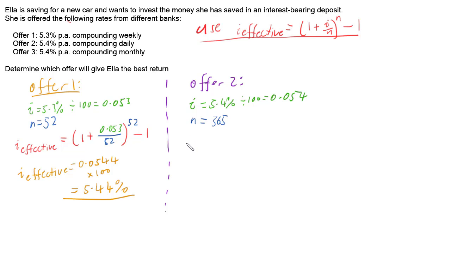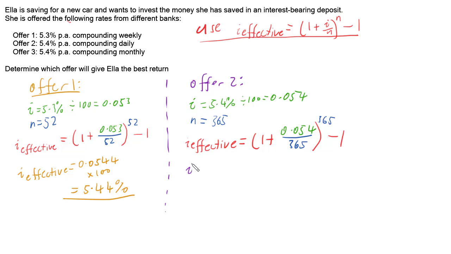So now let's go to our rule. Our interest rate effective is 1 plus i, which is 0.054, divide by n, 365, to the power of n, 365, minus 1.